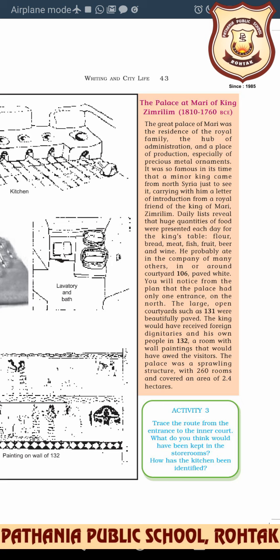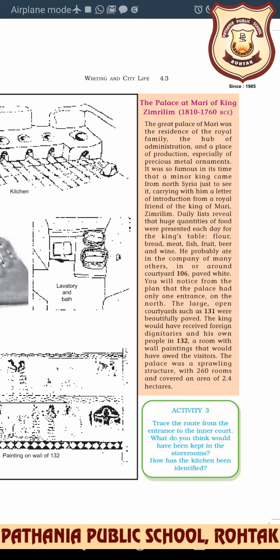According to some sources, the daily lists reveal that huge quantities of food were cooked at that time. It means most probably the king ate in the company of many people. And if we notice the map of that palace, we will see that there is only one entrance on the north, and the large open courtyards were beautifully paved.